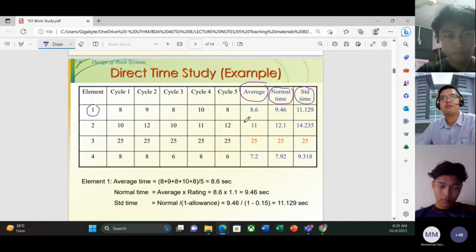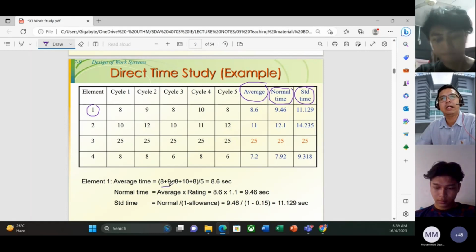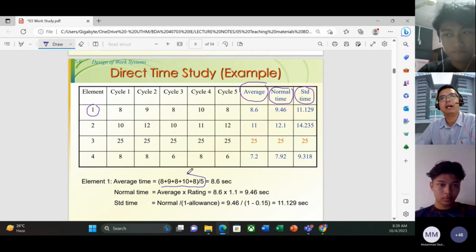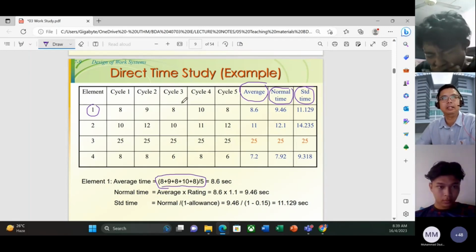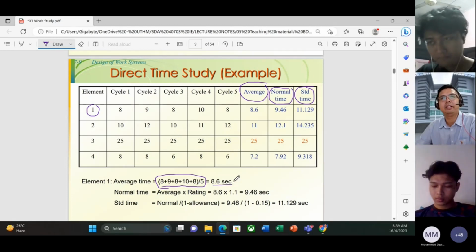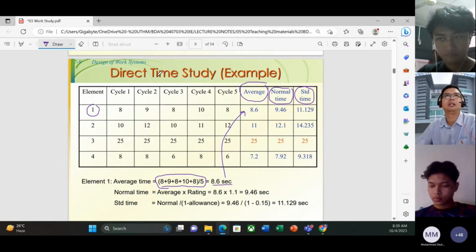To calculate the average, we add 8, plus 9, plus 8, plus 10, and plus 8. Then we divide by 5. Why 5? Because we only have 5 cycles. So we get the average time for our first element: 8.6.